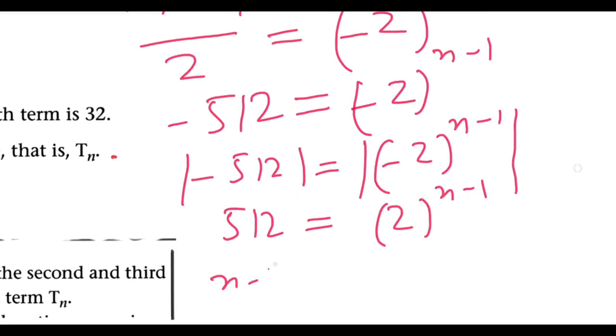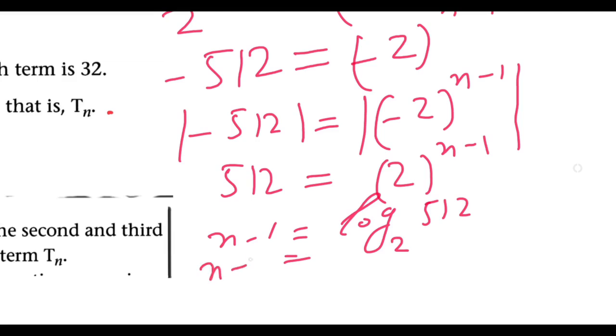So n minus 1 is log of 512 to the base 2, and using my calculator, n minus 1 becomes 9. So n is going to be 10. The -1 is switched over, so it becomes positive. So n is equal to 10. So the 10th term has a value of -1024. So T10 is going to be equal to -1024.